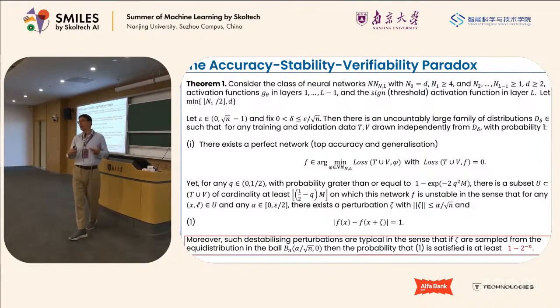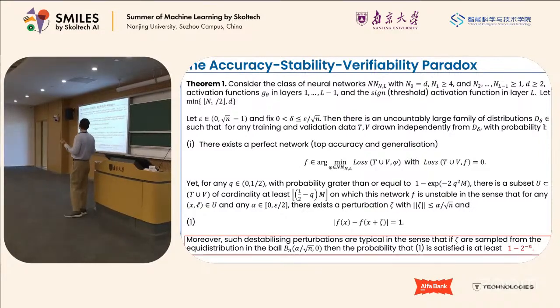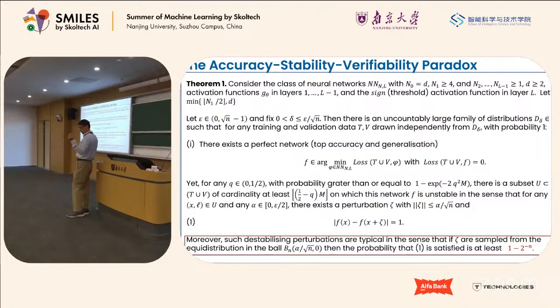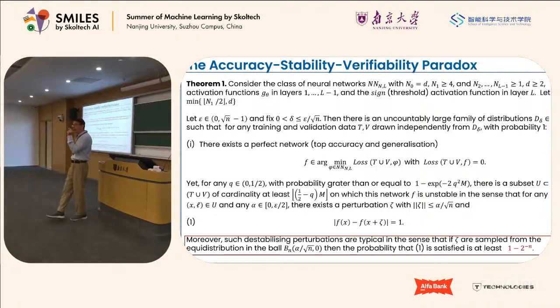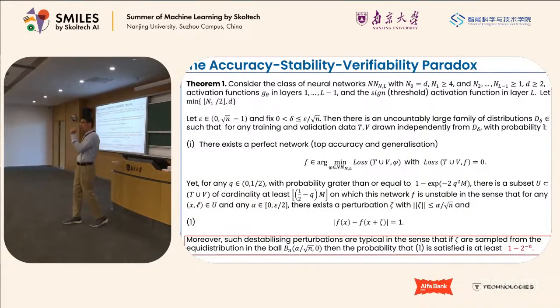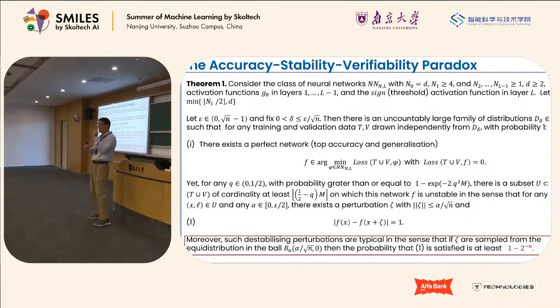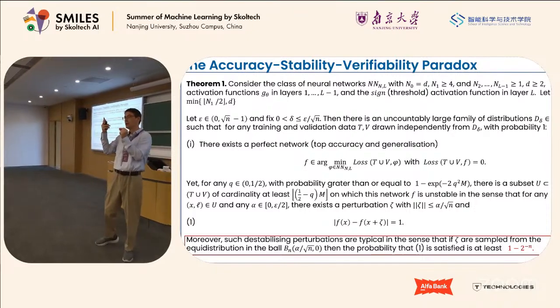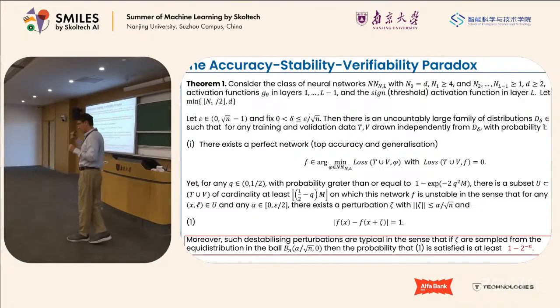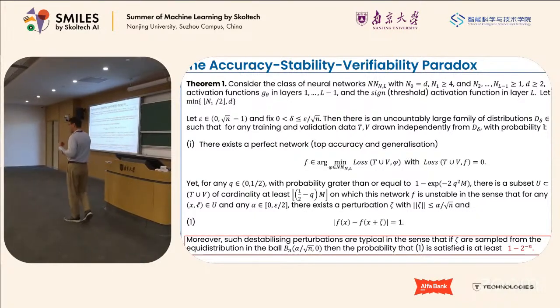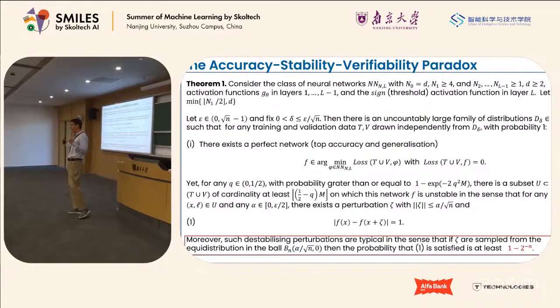Unstable in the sense that for any point from this data set and any arbitrarily small neighborhood of that point, there will exist another point within that neighborhood that swaps the decision. So think about it. For a quarter of your data, you will have this bad behavior.